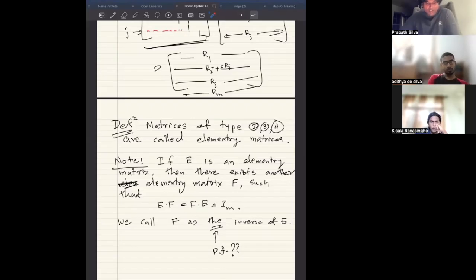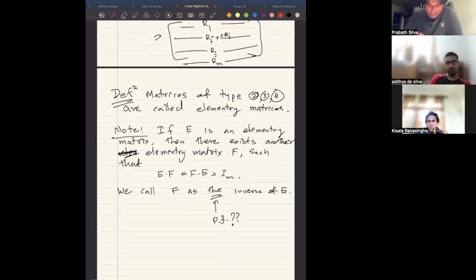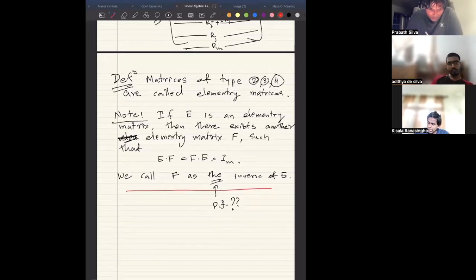Good. So that gives you the motivation for this definition. And this is the inverse of an element of a group. That is the definition. Now, there is a notation for this.